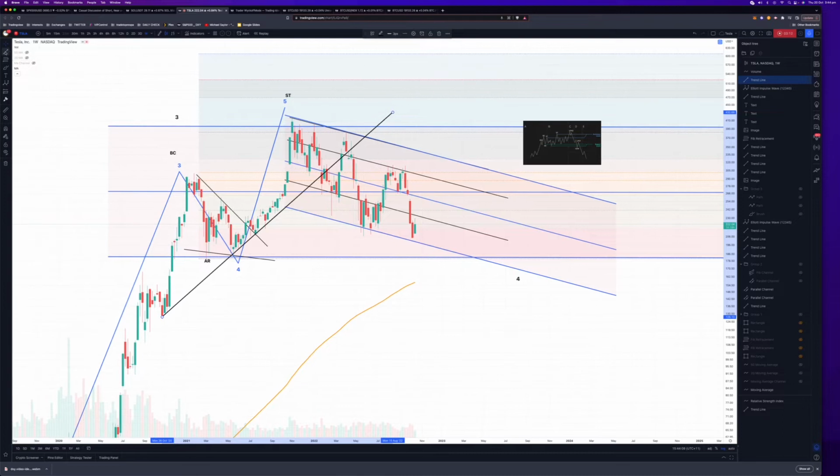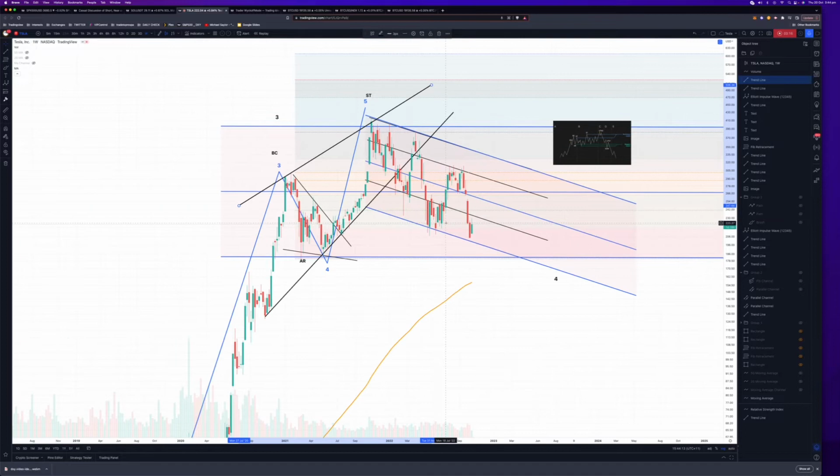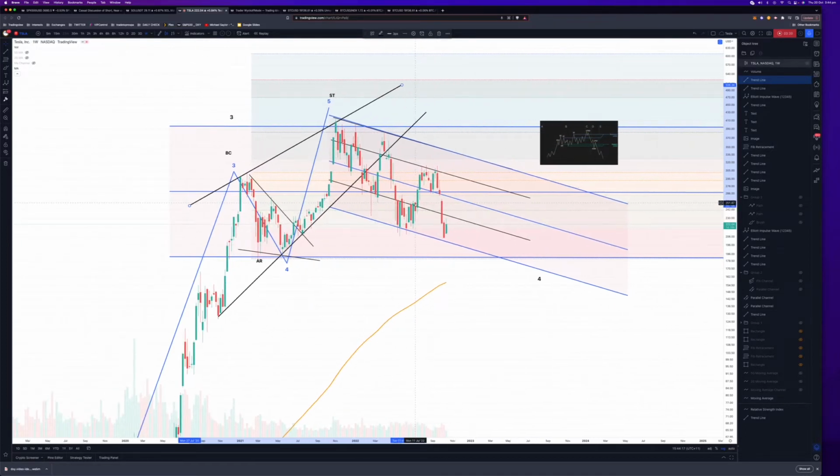You can also say this is an ascending wedge in some way, right? If this is an ascending wedge, its target is somewhere around there. That's the target, and it's already done.